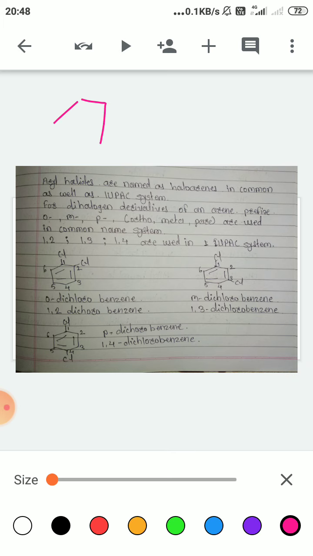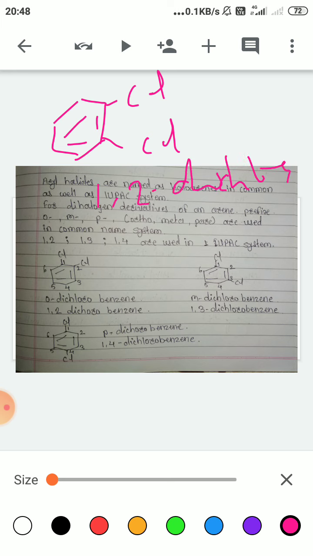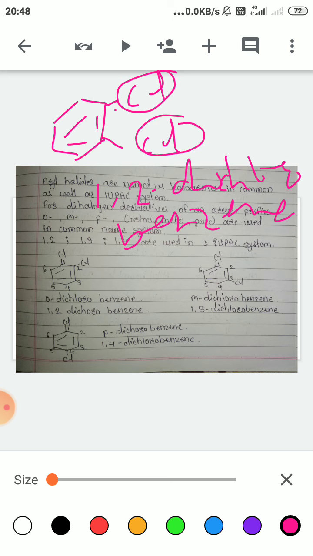See, if we take Cl, Cl like this, the name of this compound is 1,2-dichlorobenzene. That means the positions of the halogen atoms are first and second, that is, they are present on adjacent carbon atoms. Here I have written the common name first and the IUPAC name below the common name.